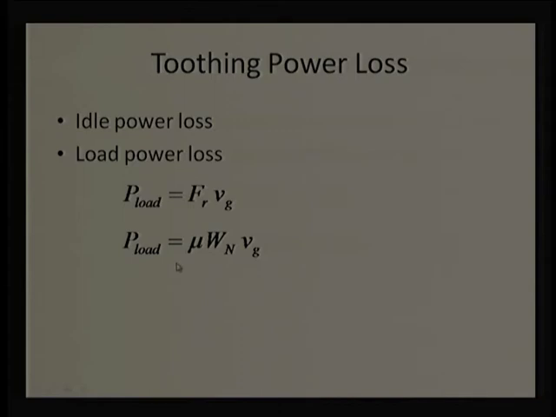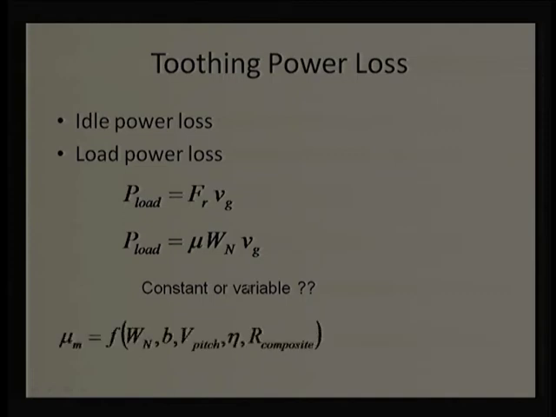Naturally, we are talking about the power loss, which is the average or mean power loss. That is why you say that these parameters are not constant, they are going to vary continuously in magnitude and maybe direction also. And the interesting thing is that mu itself is a function of a number of parameters. That is why it is mu m, the mean or average value of the coefficient of friction. It is a function of the load itself.